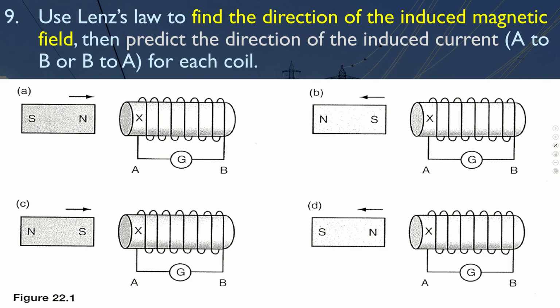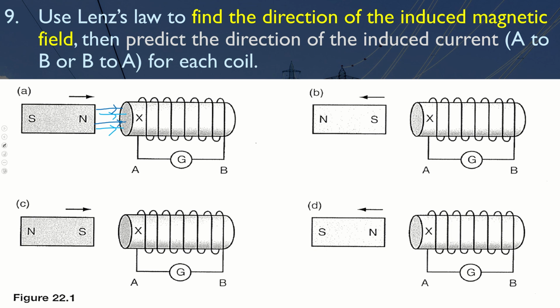Let's have a look at an example where we are using the solenoid. So let's look at example 1 here. We have our magnet going into the solenoid, so going in like that. If I push this north pole further in, I'm going to induce more lines going into my solenoid like this.